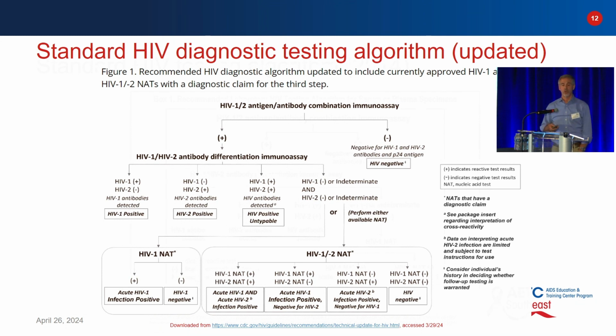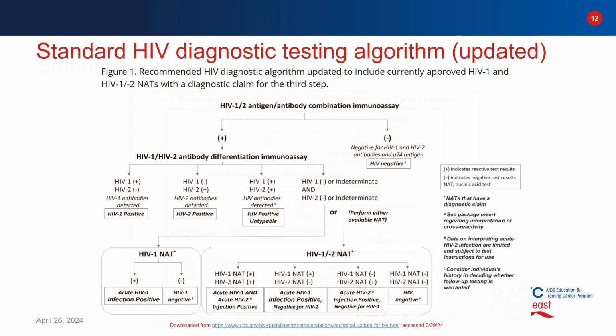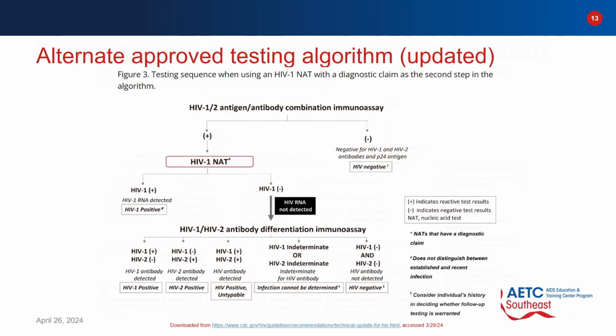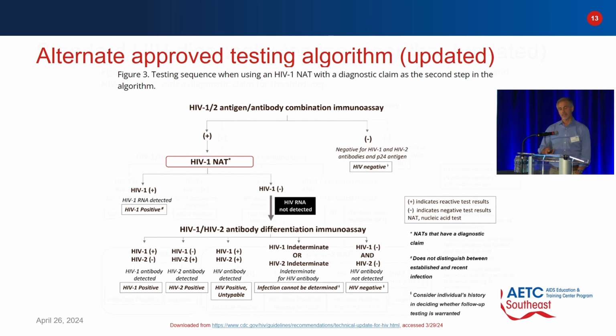The first is shown here on this slide, where it basically just replaces the standard RNA to help diagnose people with acute infection. The second is shown here on this slide, and here you can see that the nucleic acid test with a diagnostic claim, in other words, the test that can be used for diagnosis, replaces the differentiation assay as the second step in the algorithm.